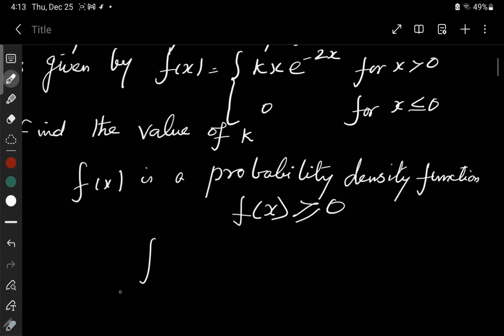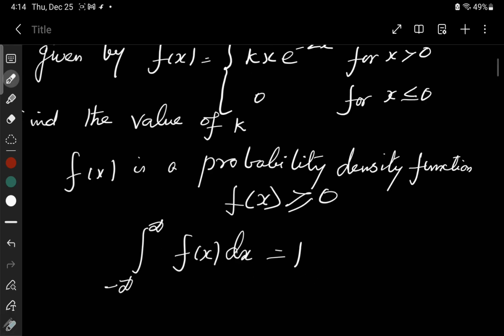In that case, the integral from minus infinity to infinity of f of x dx is equal to 1. So this is the definition for a probability density function.